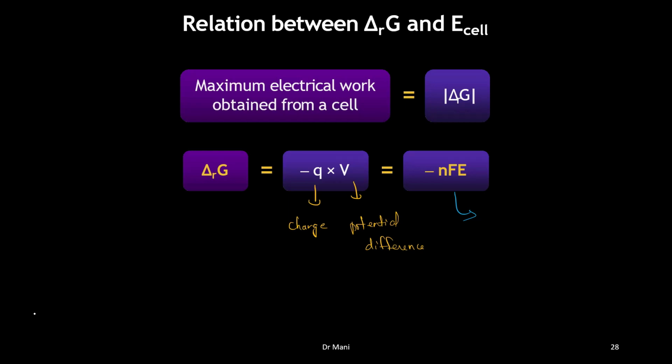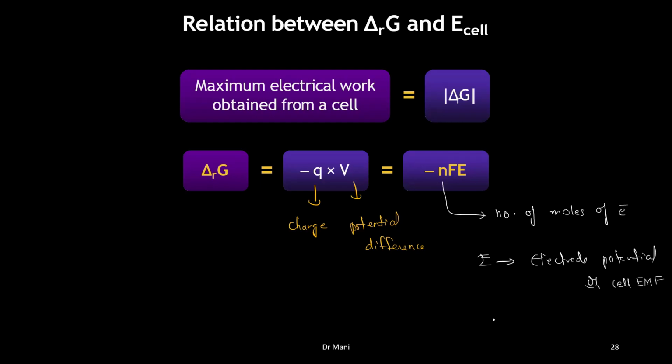And remember, this is equal to minus nFE. n means here number of moles of electrons. E means electrode potential, or you can say cell EMF. And what else? F. F is Faraday's constant.